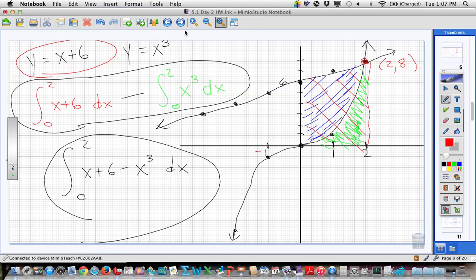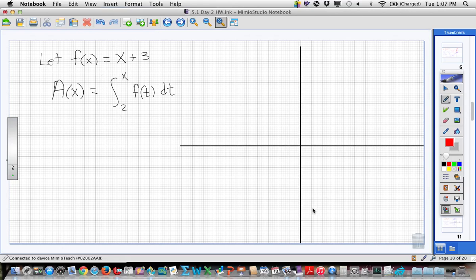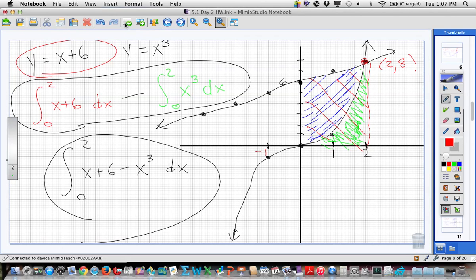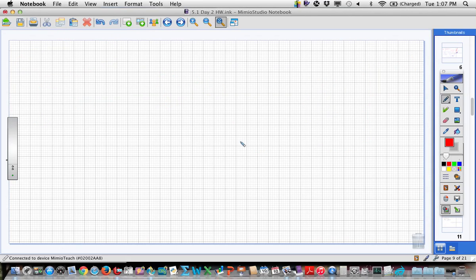All right, let's move on. We're going to spend a little bit of time with an activity here today where we're going to take that next step now. So we've been talking about area. The definite integral gives us this area.